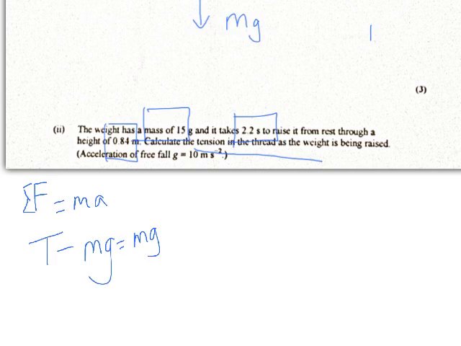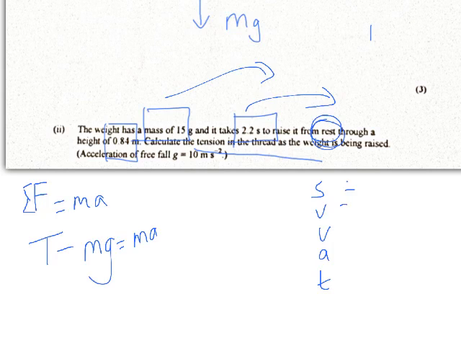Right, but what's ma? We don't know the acceleration, but that's why they're giving us all these numbers. So let's solve this. The object starts off at rest, so u is 0. We don't know its final velocity, a we don't know, but we're going to find it. And s is 0.84 meters and t is 2.2.